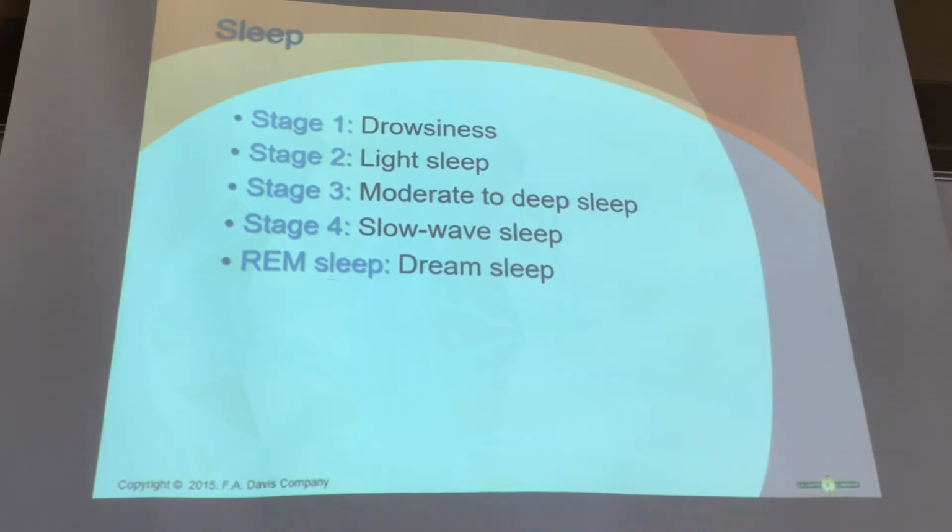And they go through different stages, and they've identified these different stages by looking at the differences in those brain waves. And so we actually have 4 distinct stages of sleep, and then we've got an intermittent stage that we'll kind of bump in and out of called REM, or rapid eye movement.